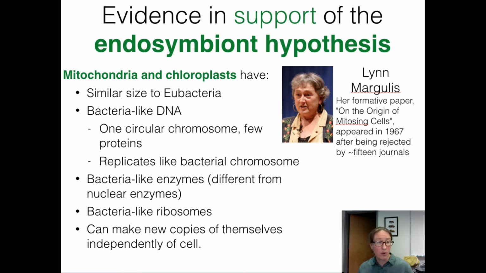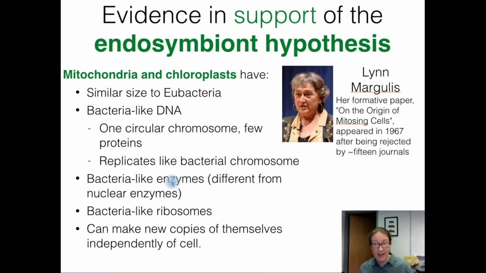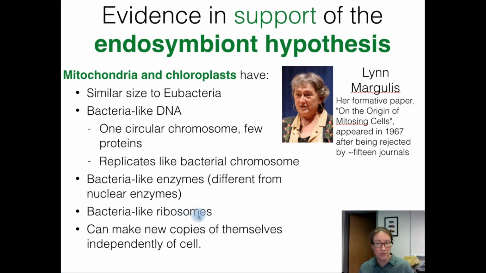Along with that, both the proteins, aka enzymes, and the ribosomes found inside mitochondria and chloroplasts tend to look a lot like the proteins found in eukaryotes, and they share a lot of characteristics with the proteins and ribosomes found in bacteria. And lastly, mitochondria and chloroplasts can reproduce independently from how the cell reproduces overall.